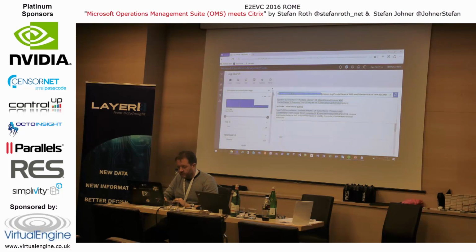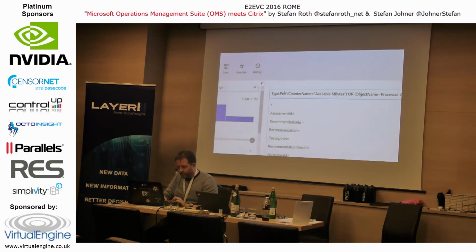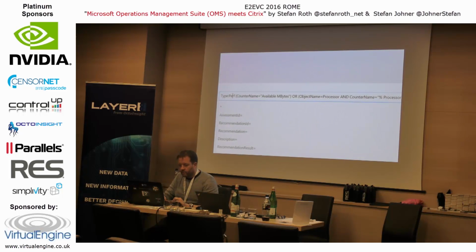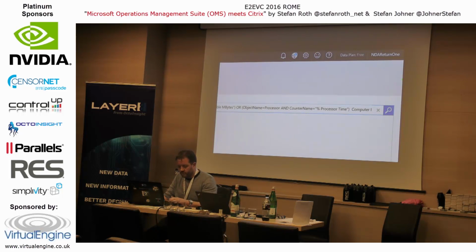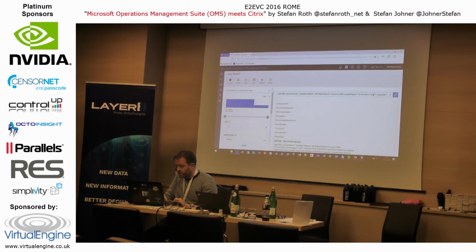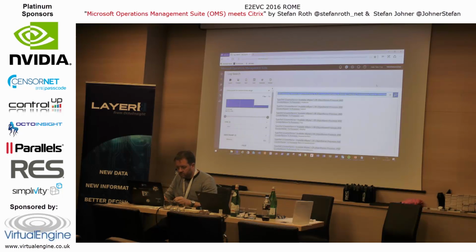So let's have a closer look at it. So I used type perf, and the counter available megabytes, or object name processor and counter processor time per computer. And then it goes here to the next one.